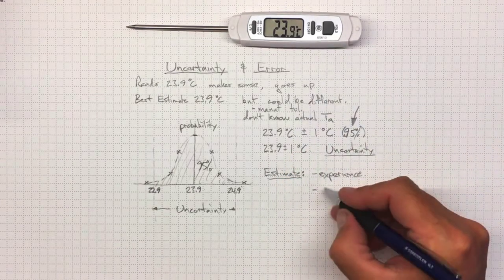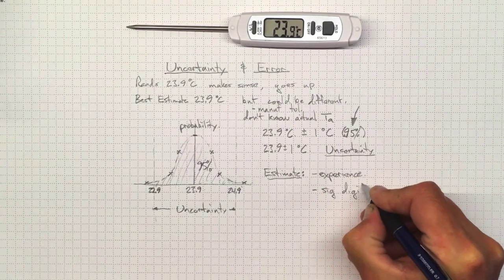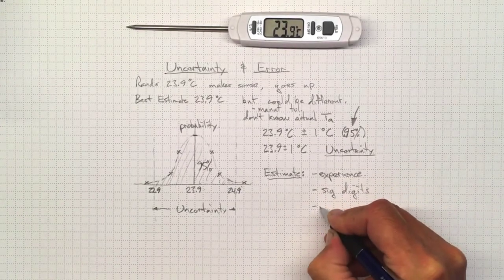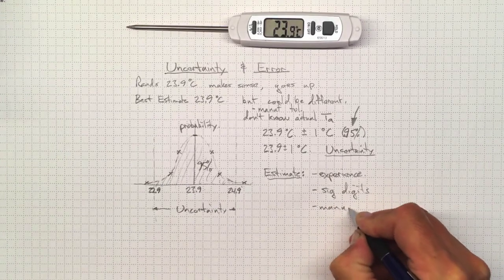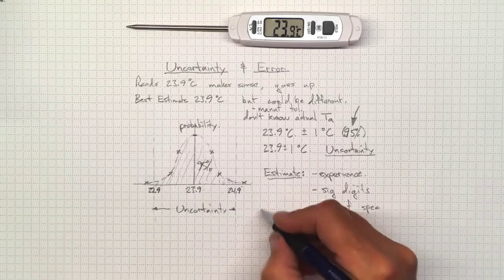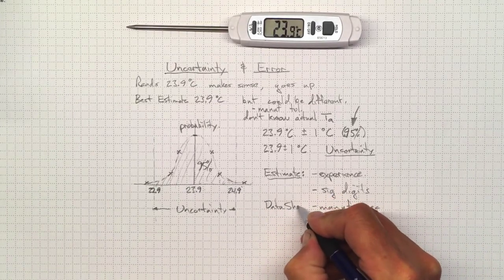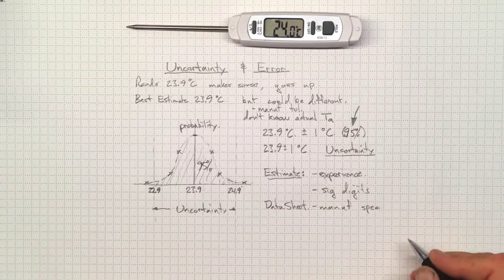Far better, instead of looking at those significant digits, is to go to the actual manufacturer's specifications. If you have a data sheet, then on that data sheet, there should be a manufacturer's specification that says what the accuracy they expect from their device is.